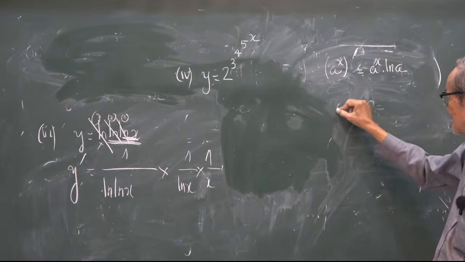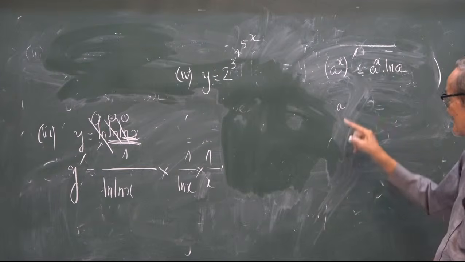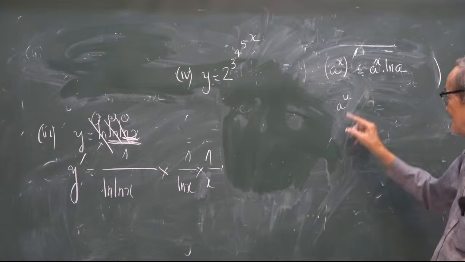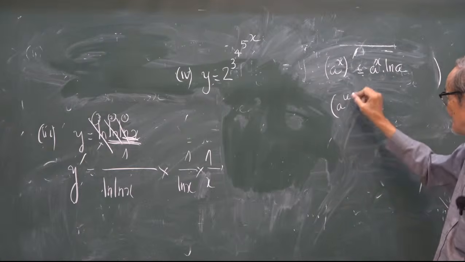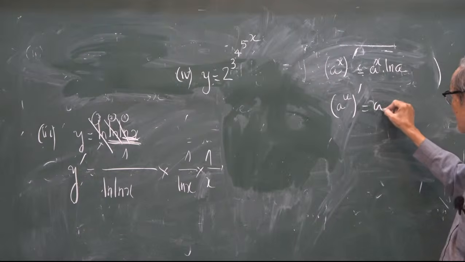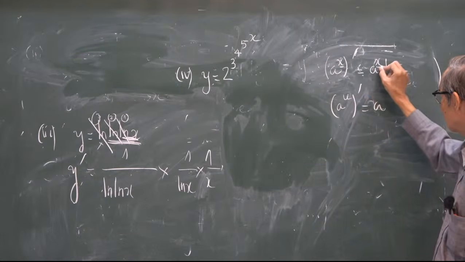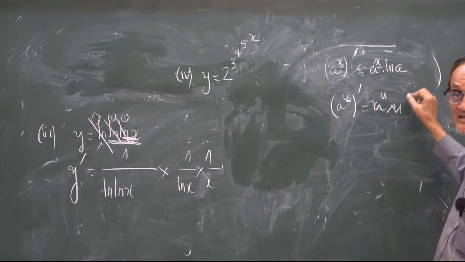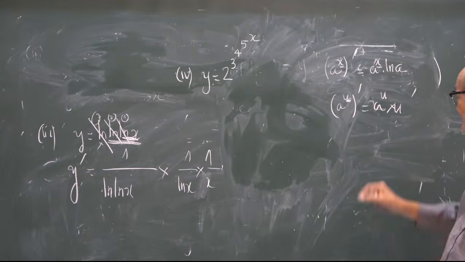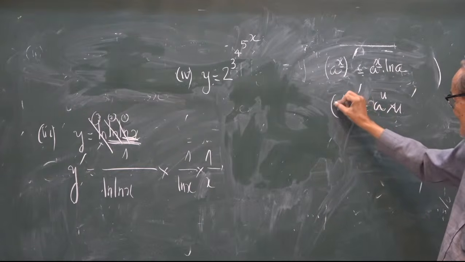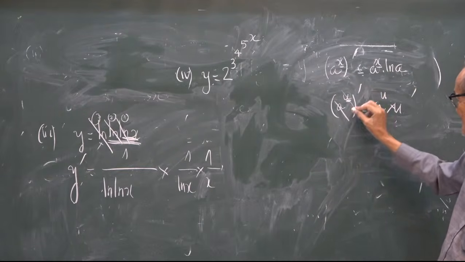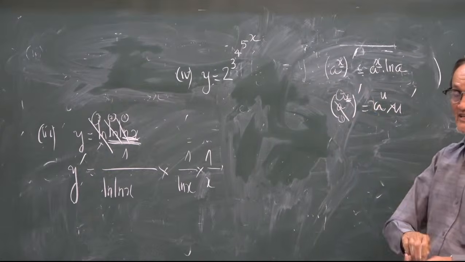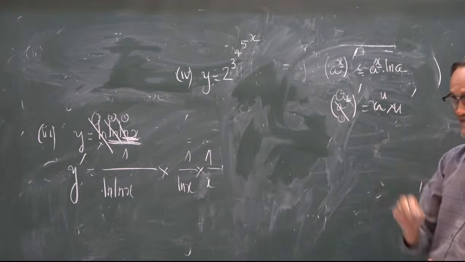But for a function of a function, a^u of x, the derivative equals a^u natural log of a times u prime. Outer function, inwards, first, second.